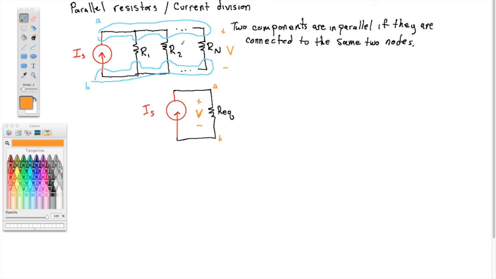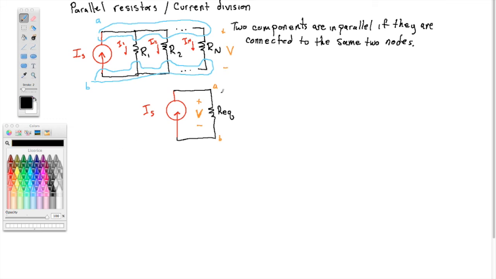So in both of these pictures, IS is the same and V is the same, and we want to know an expression for the equivalent resistance. Let's look at that top picture, and we'll say each branch has a current: I1, I2, all the way to IN.